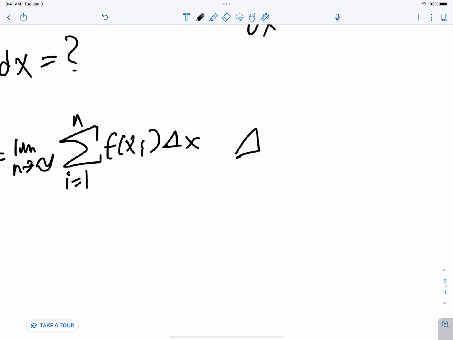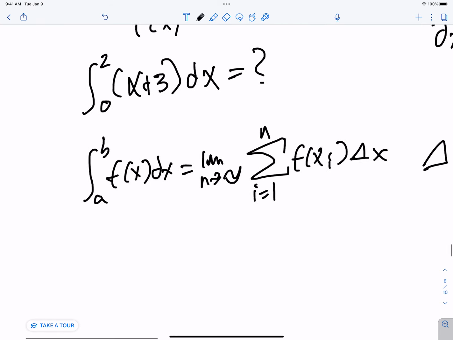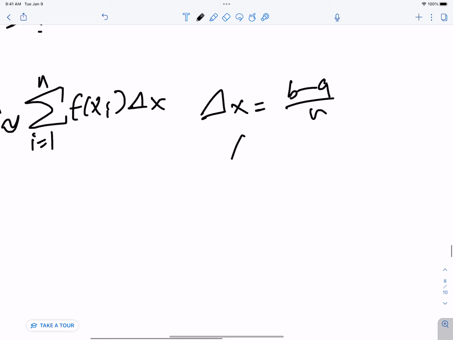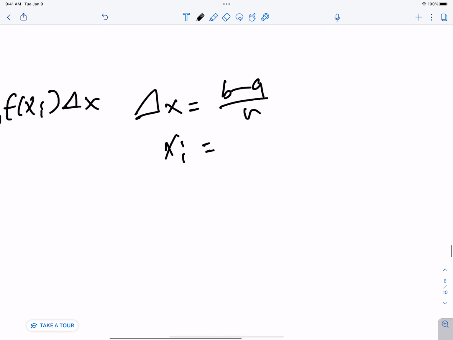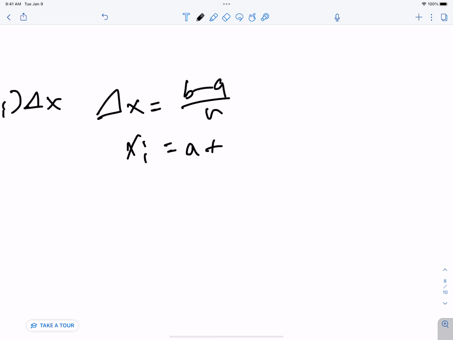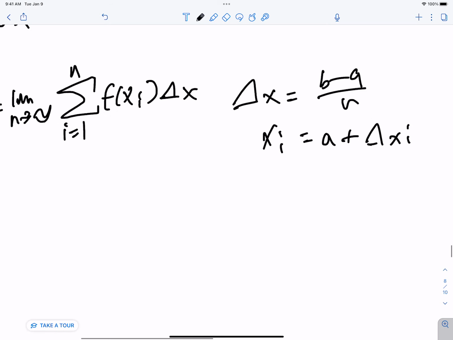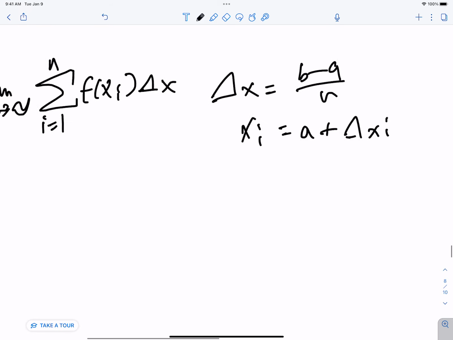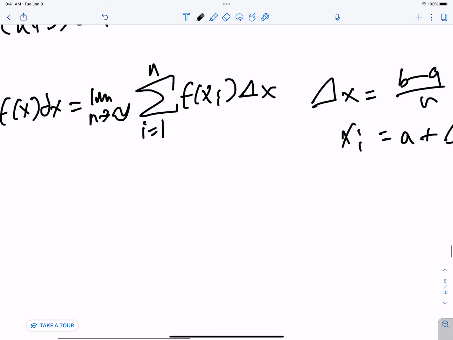So delta x is equal to b minus a over n, and we have b and a, and then the ith index of x is simply equal to a plus delta x times i. And bear in mind that i is the index in this case, not the square root of -1. So we're not going into the imaginary world.